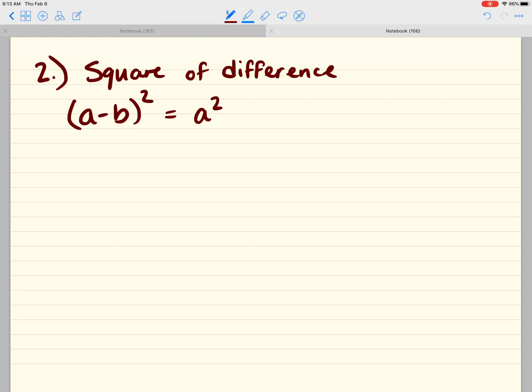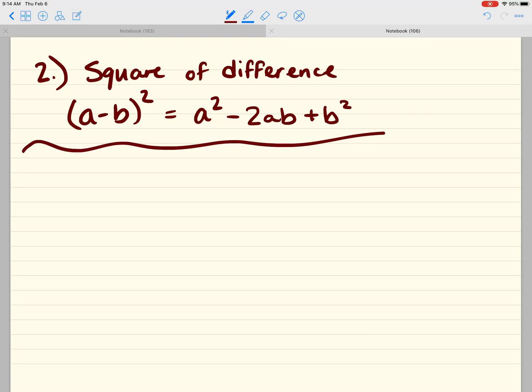The only difference you're going to have is instead of plus 2ab, it would be minus 2ab. And then it would still be plus b squared. Why would it be plus b squared? Good. A negative times a negative is going to give you a positive. Okay? So, again, we're doing the exact same work. All we're doing is changing that middle term to a negative.